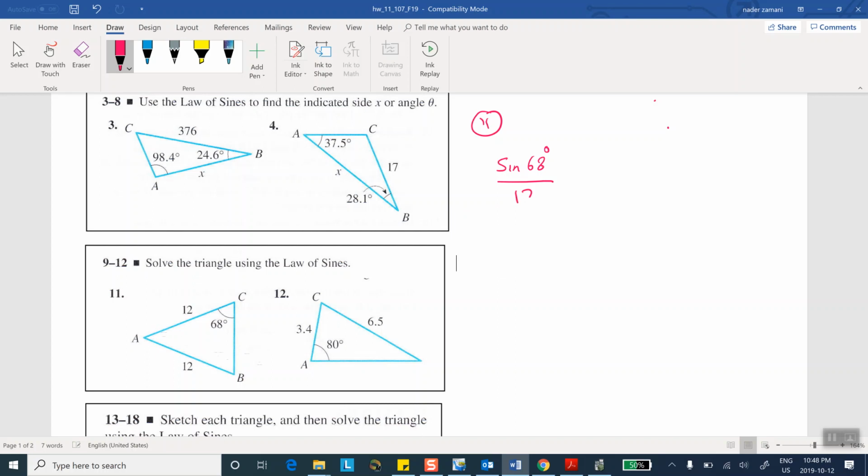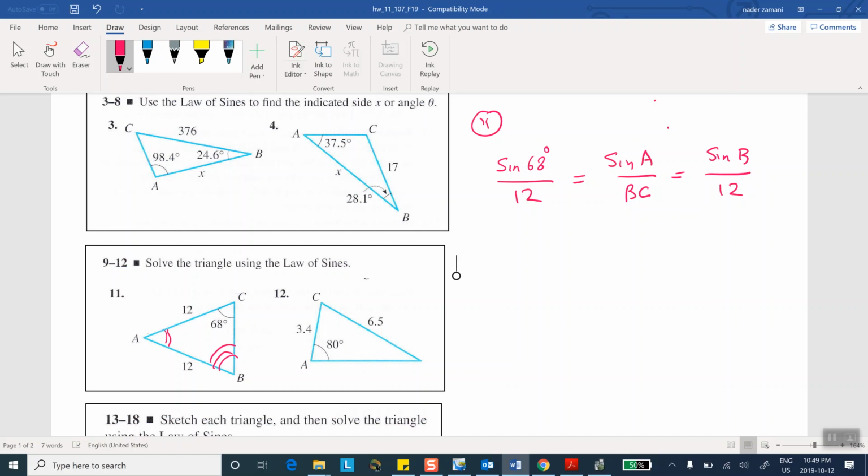AB is 12, equal to sine of A, this is the angle A, which is unknown, by the way, divided by the side that's facing it, which is BC, which is also unknown. This is equal to sine of B, unknown, that's this angle, divided by the side facing it, which is 12.